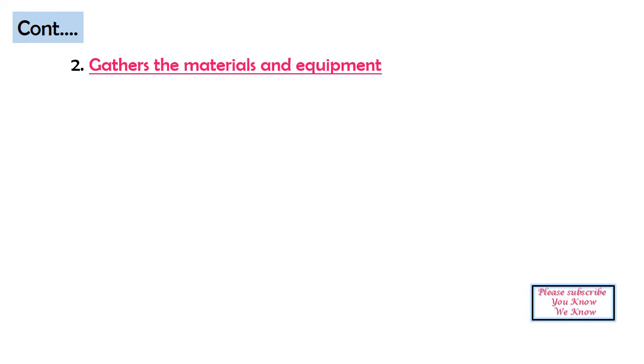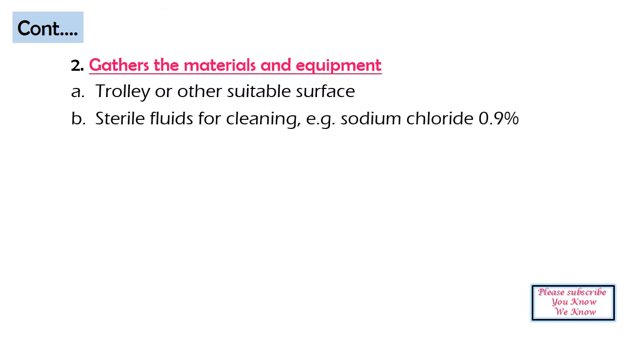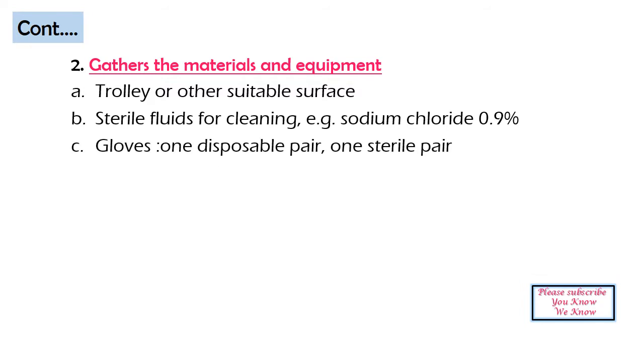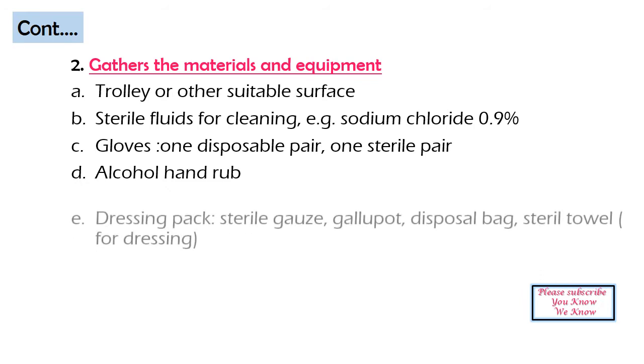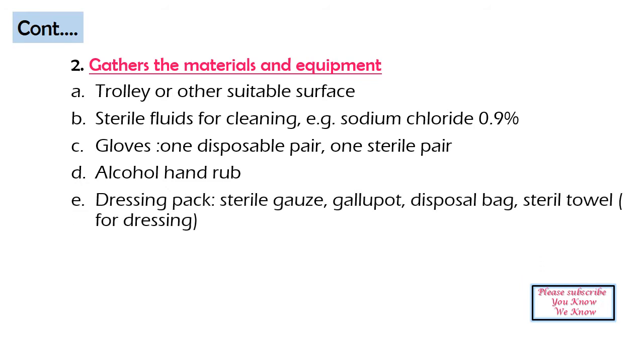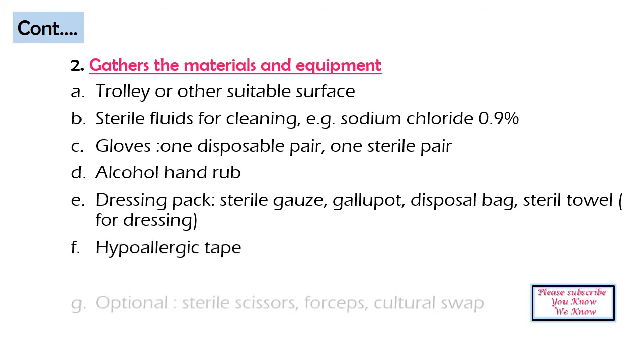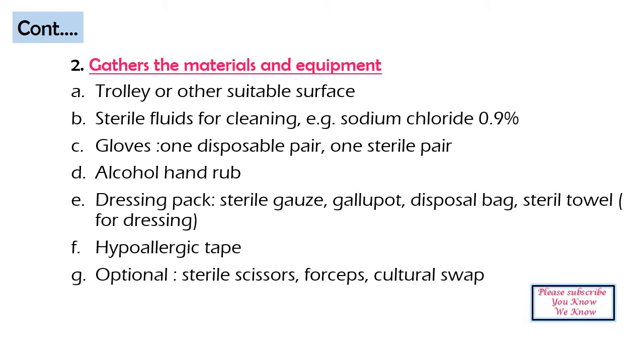If there is any plan for drain removal, gather all the materials and equipment: a trolley or other suitable surface to place all the equipment, sterile fluid for cleaning, for example sodium chloride 0.9%, gloves, one disposable pair and one sterile pair, alcohol hand rub, dressing pack, sterile gauze, Gallipot, disposable bag, sterile towel for dressing, hypoallergenic tape. Optionals are sterile scissors, forceps, culture swab.